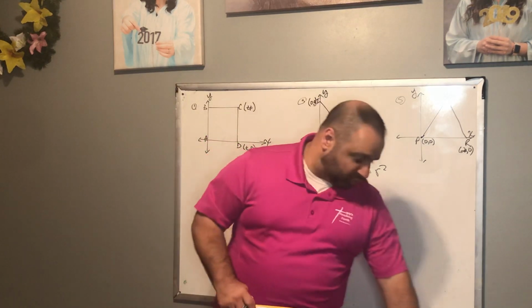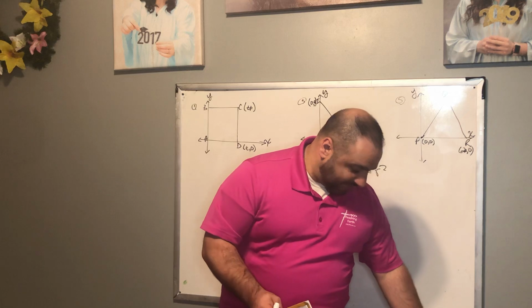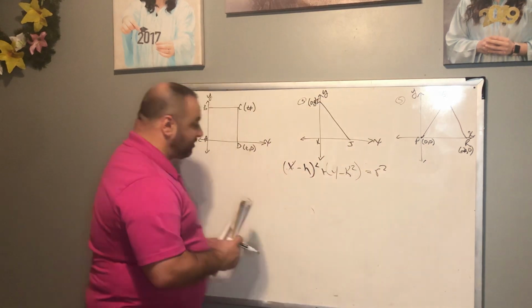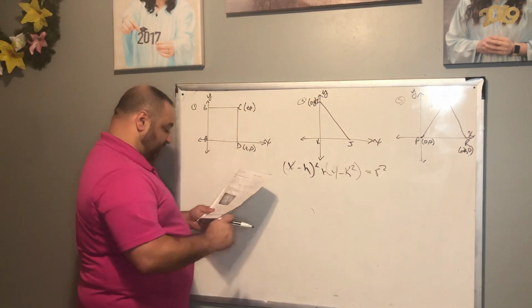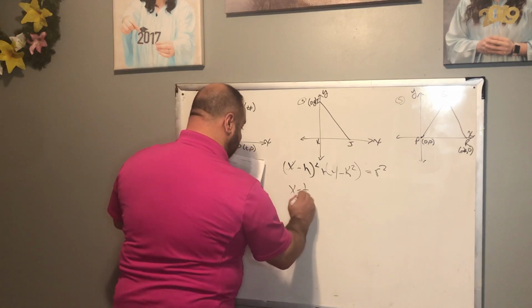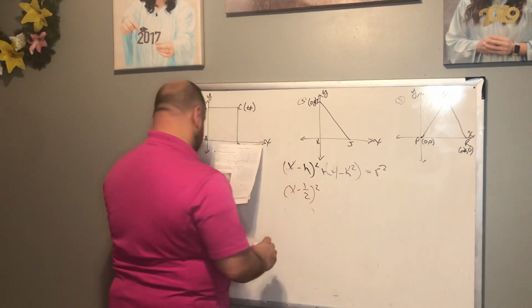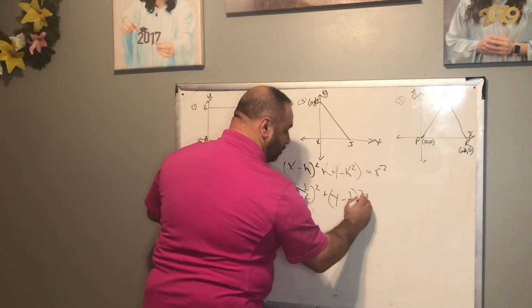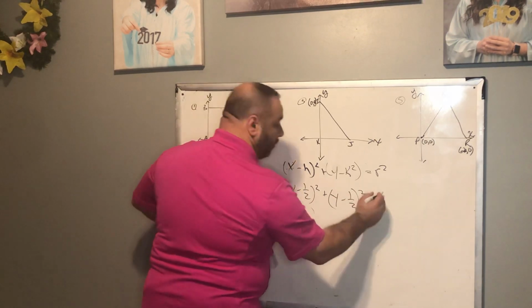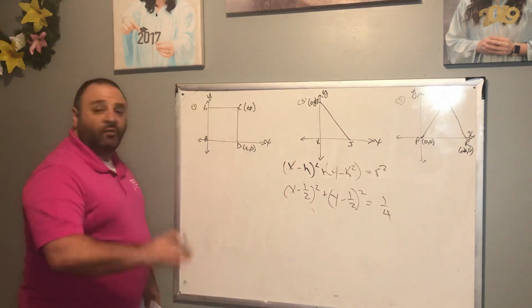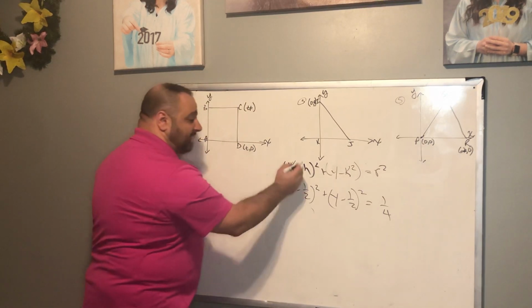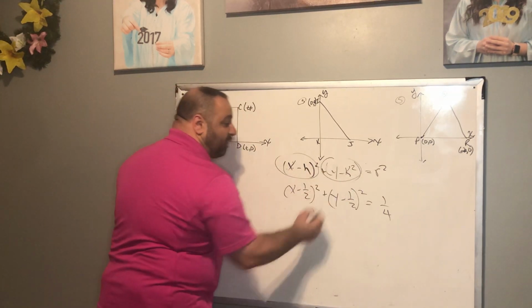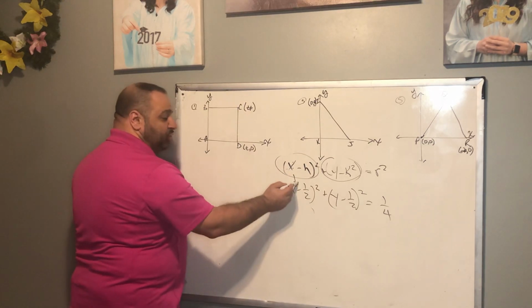Let's quickly do those together, number 7 and number 9. For number 7, the equation is x minus 1/2 squared plus y minus 1/2 squared equals 1/4. For this one, we're going to take each segment of the equation and make it equal to the new equation.